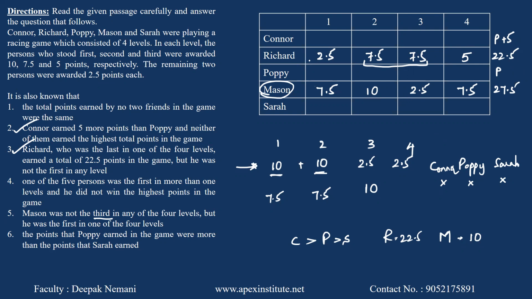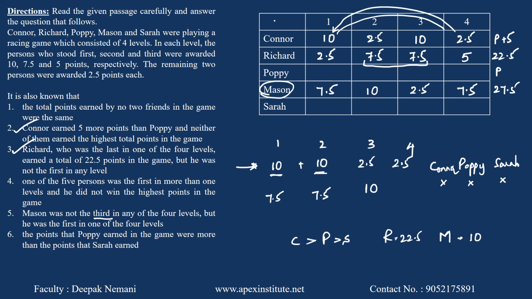So it was Connor who scored 10 points in 2 rounds and 2.5 points in the remaining 2 rounds. So let me consider 10 here. You cannot have Connor scoring 10 points here. So 10 here, 2.5 here, 2.5 here. And this can also be here and this can also be here. Please understand that.